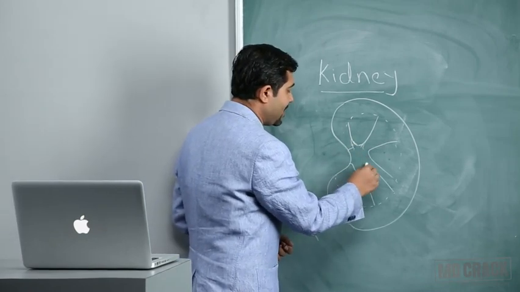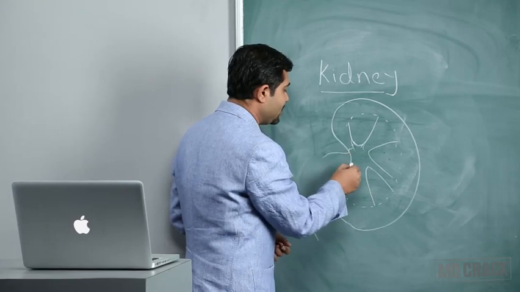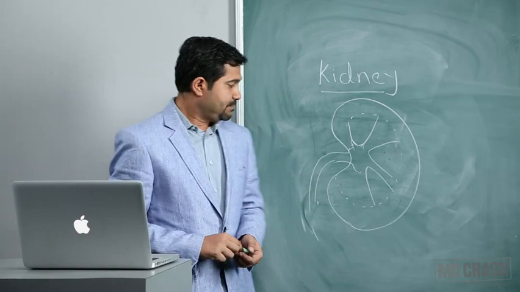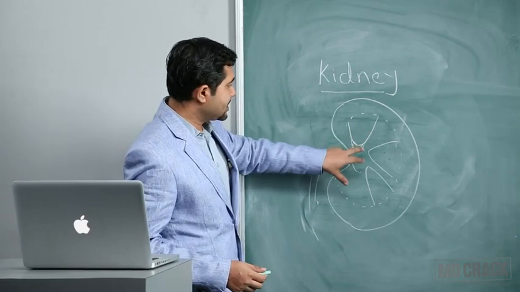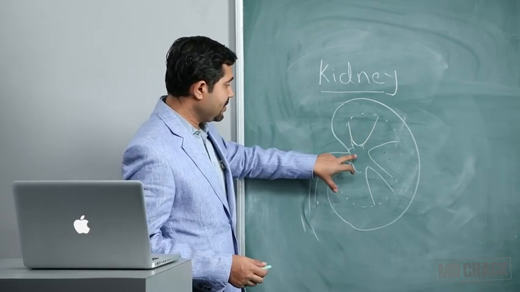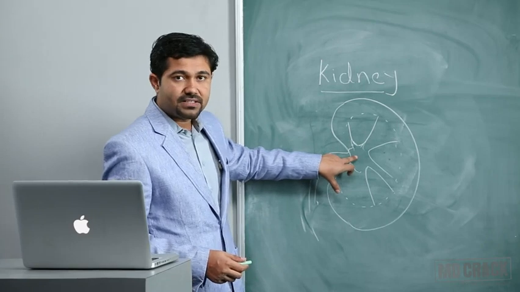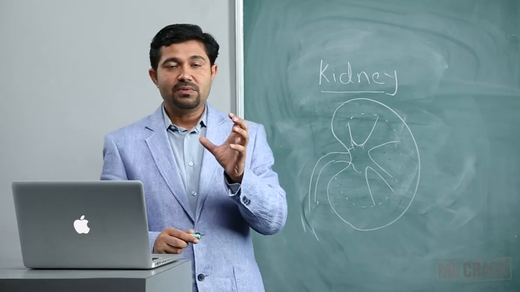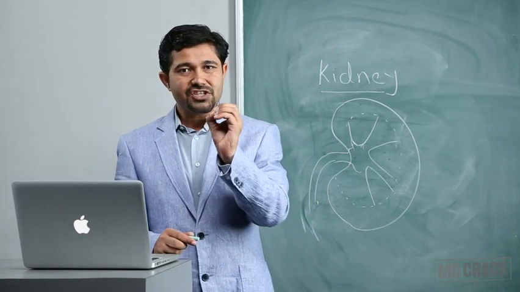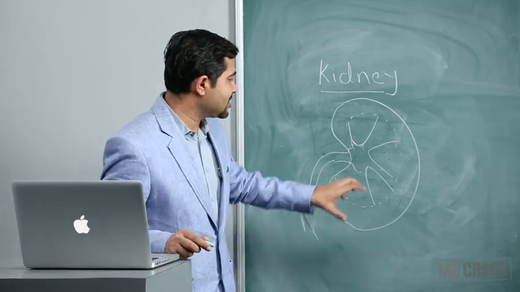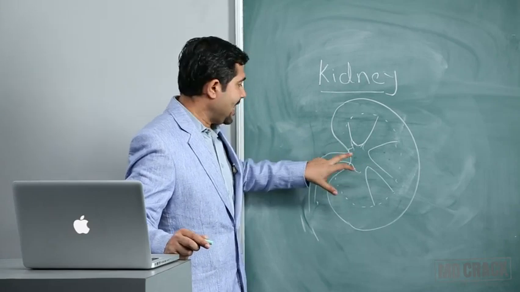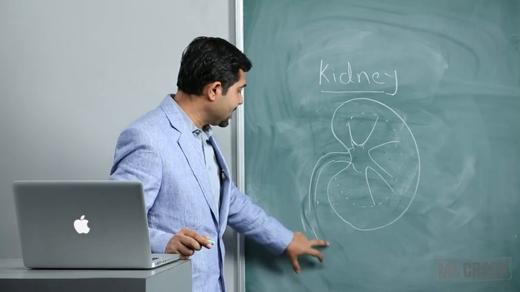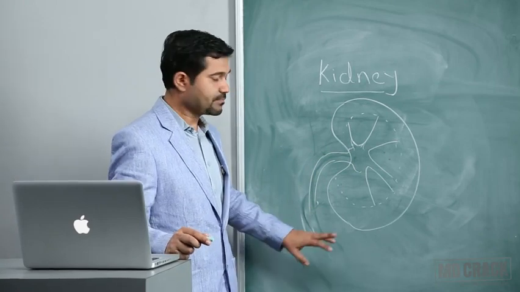From the renal pelvis, the ureter starts. Remember, whenever urine collects in the renal pelvis, which has smooth muscle, stretching of this smooth muscle generates peristalsis, and with the help of the peristalsis the urine is drained and ultimately goes into the bladder, right?